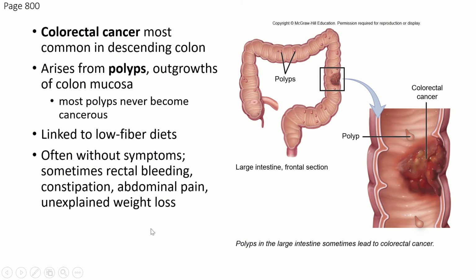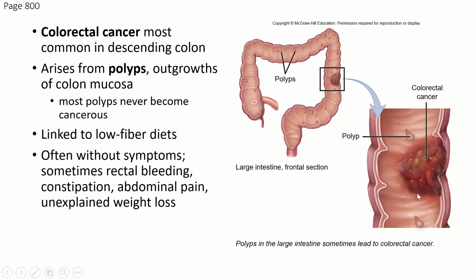is why doctors recommend that people, once they get to an age where they are more at risk of colon cancers, starting at age 50, get a colonoscopy every 10 years. And a colonoscopy is where they put an endoscope, a camera, up through the whole colon to look for polyps and cancers.